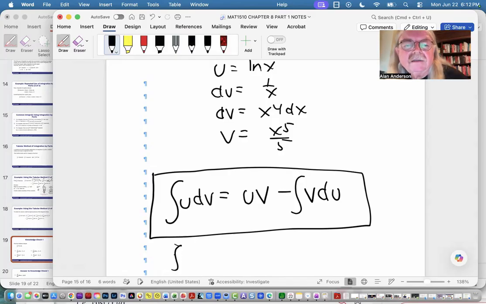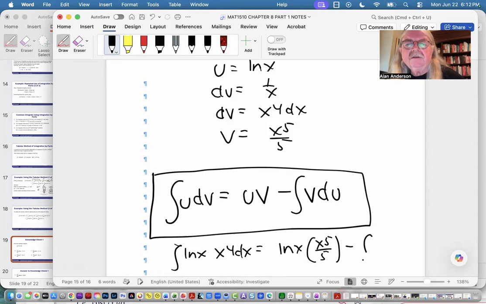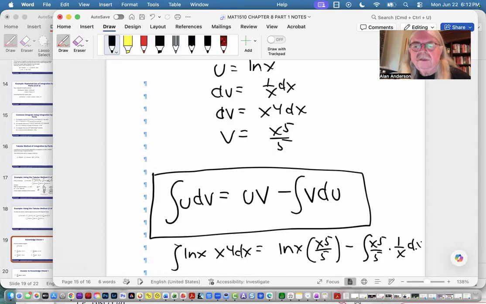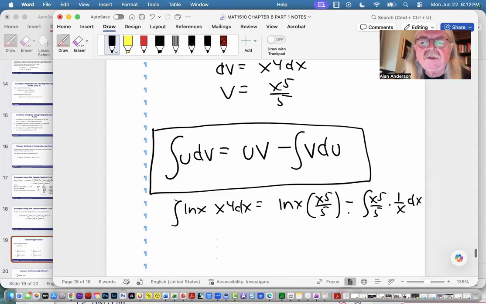So log x times x to the fourth dx equals u v minus the integral of v du. Beautiful. Okay. Now we're all set.